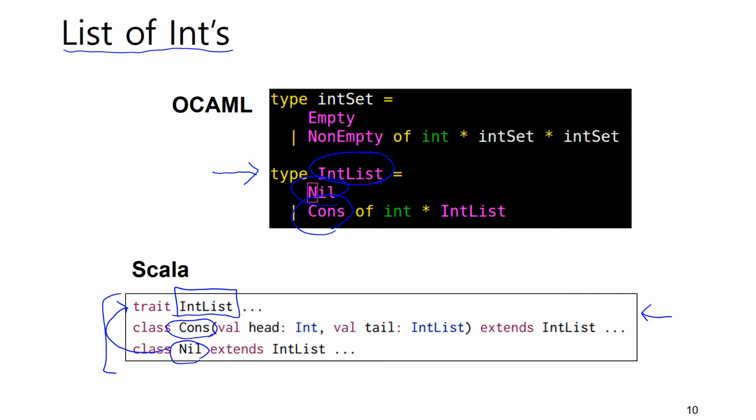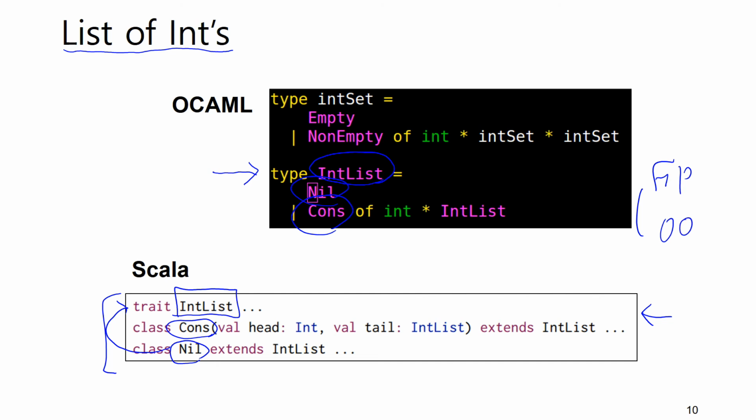This is the standard way of implementing list of integers in Scala programming. And it turns out that this example illustrates one of the key strengths of Scala programming, where you can have the best of both worlds, functional programming and object-oriented programming.